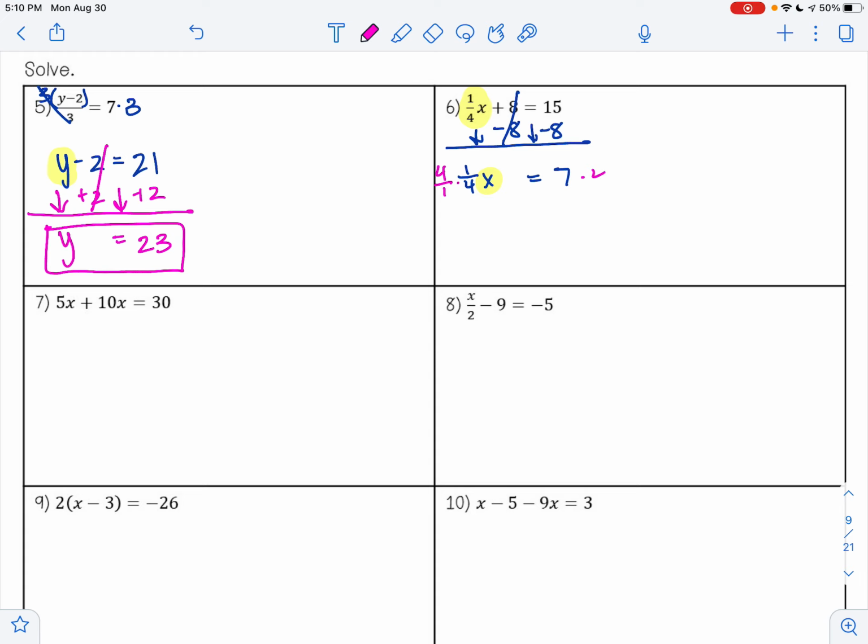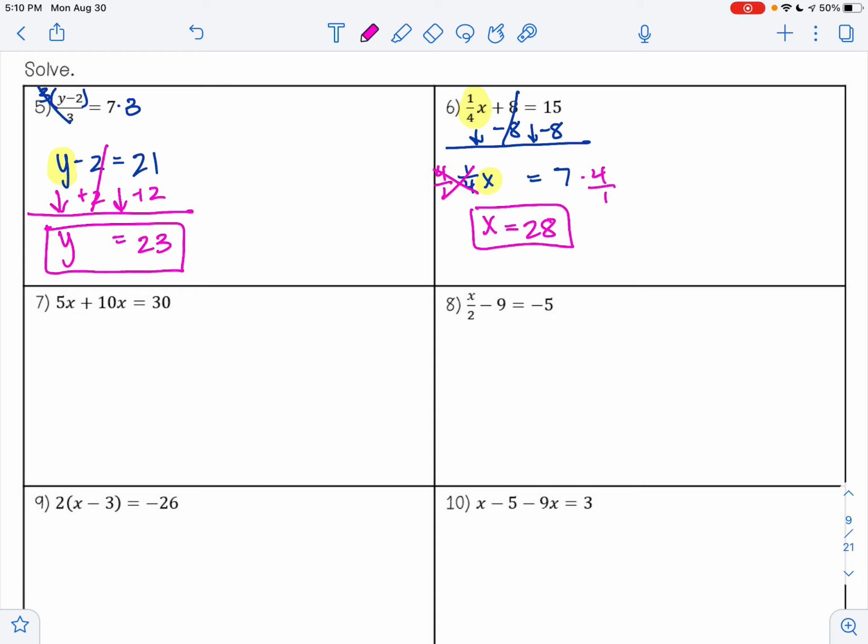Remember, a reciprocal is just when you flip your fraction. So I'm taking 1/4 and I'm flipping it to be 4/1. 1/4 times 4/1 is 1. So that just leaves me with 1x. 7 times 4/1 is 28. So my answer is 28.